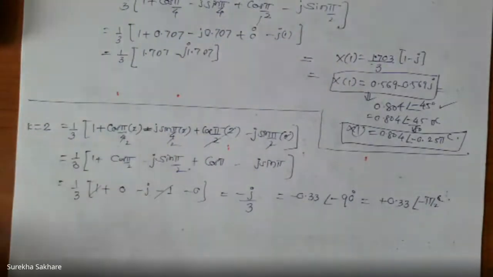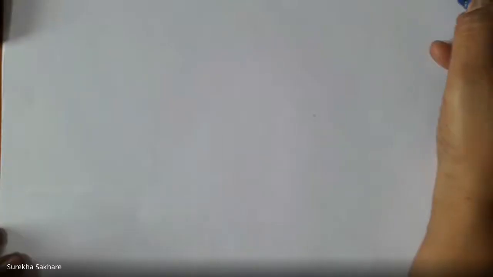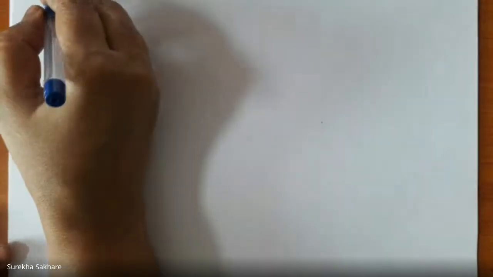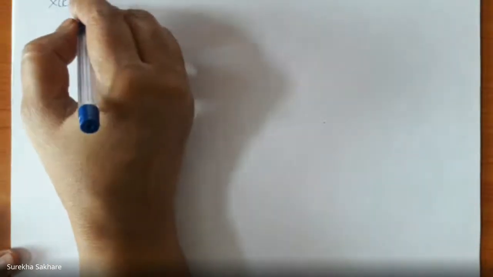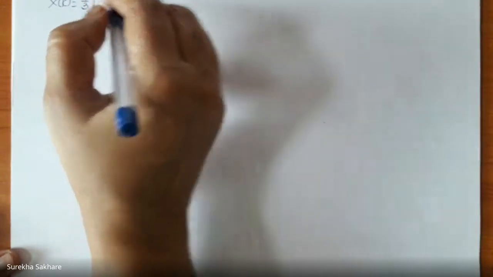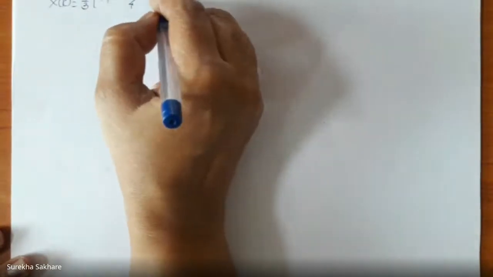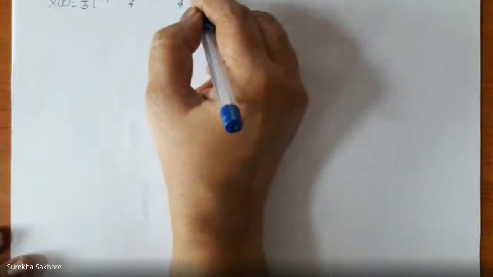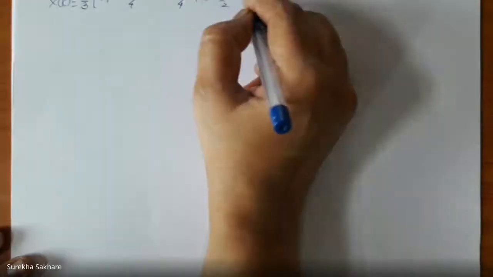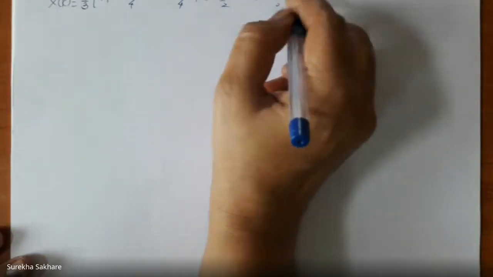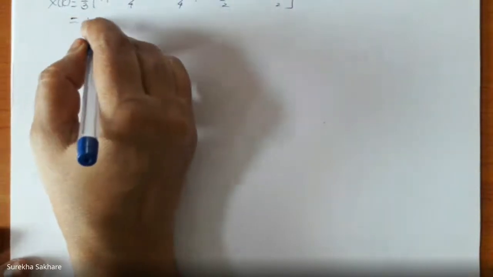Then you have k is equal to 3. X of k is equal to 1 by 3, 1 plus cos 3 pi by 4 minus j sine 3 pi by 4 plus cos 3 pi by 2 minus j sine 3 pi by 2.